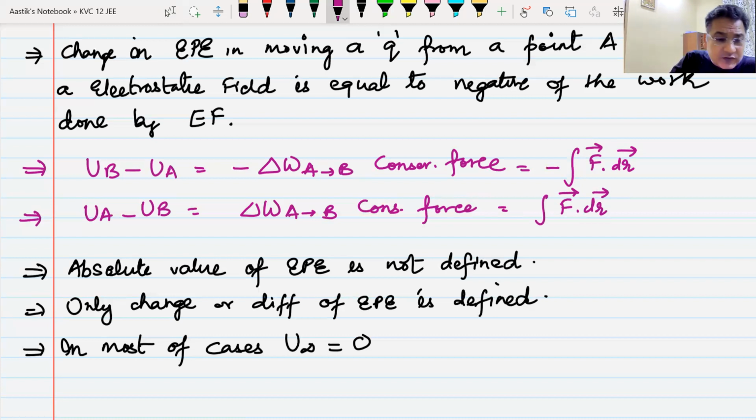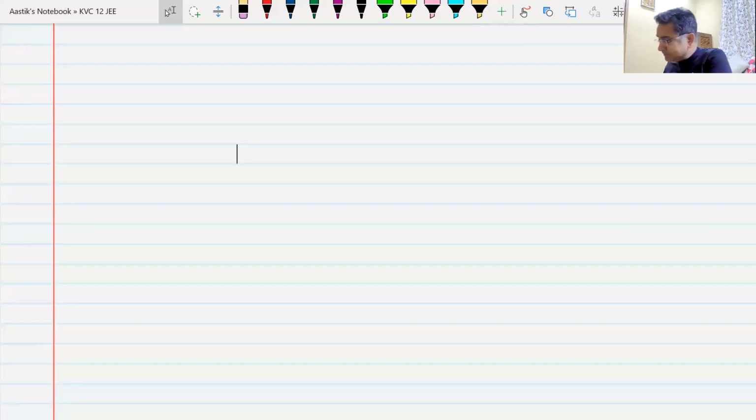Now, as soon as we understand that the change in electrostatic potential energy is defined as negative of the work done, we can also understand one more term which is going to come. Everyone has noted this down?